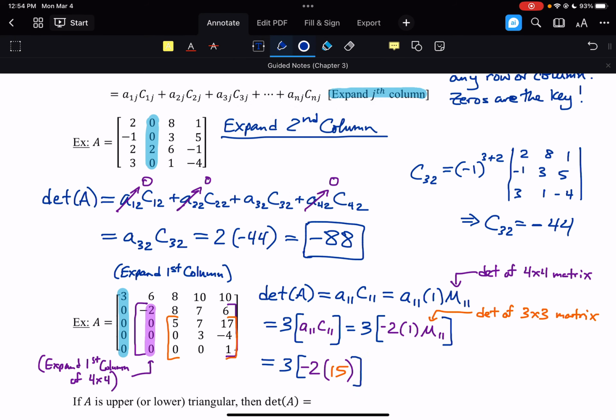Just want to be as clear as possible. So we get 3 times -2 times 15, which works out to -90. So that would be the value of that determinant.